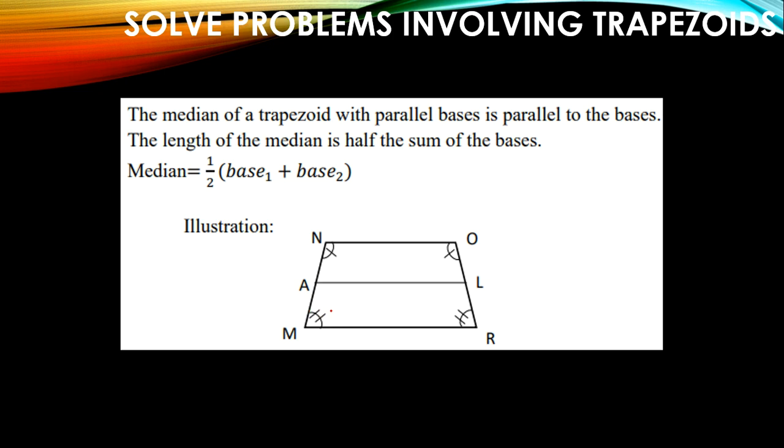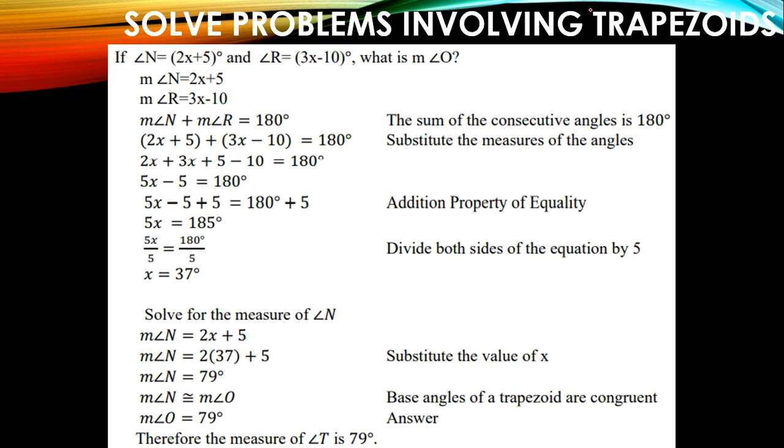The base angles are angle M and angle R, the lower base angles, and angle N and angle O, the upper base angles. The opposite angles, angle M and angle O, are supplementary, then angle N and angle R are supplementary as well. So let's go back to the question in letter B.